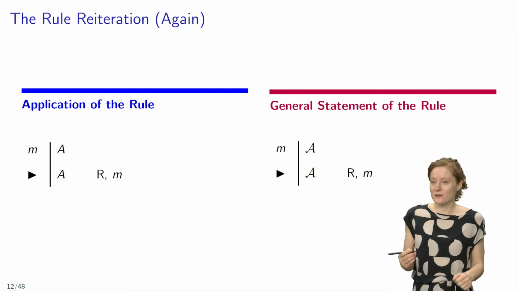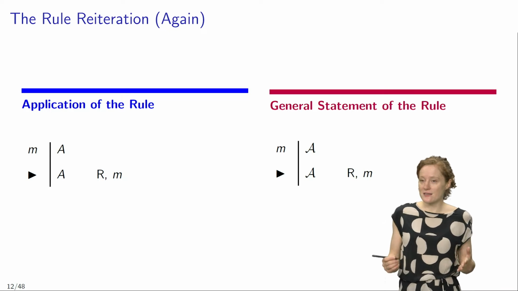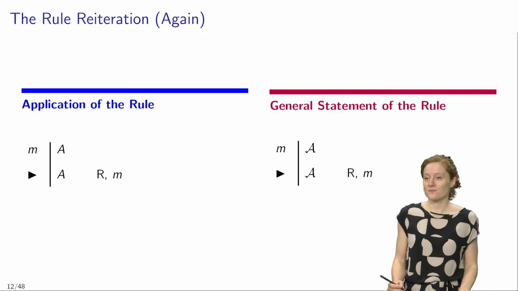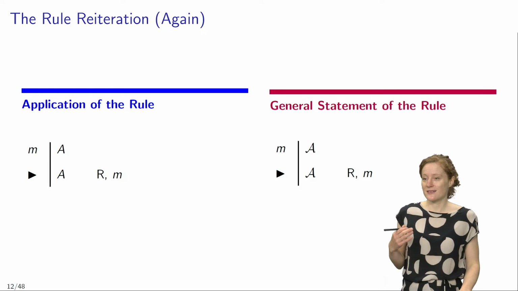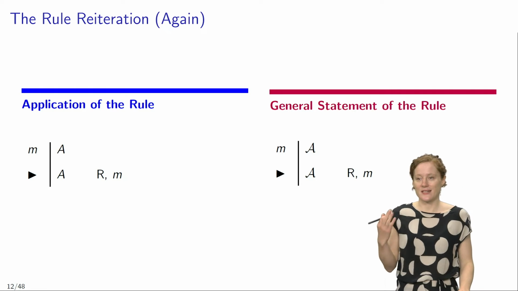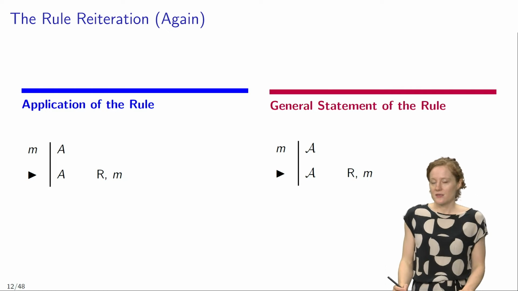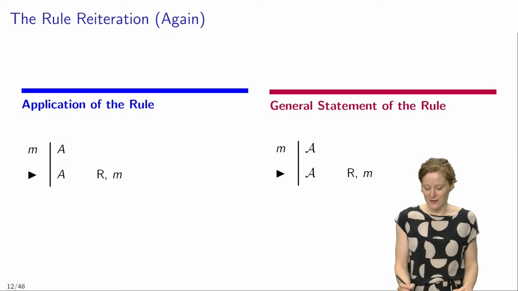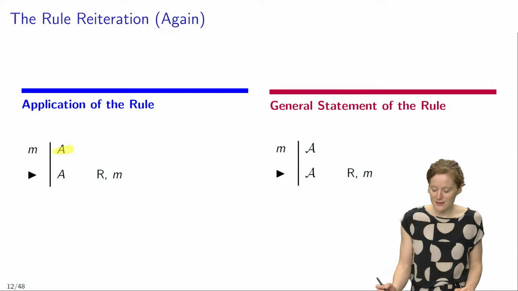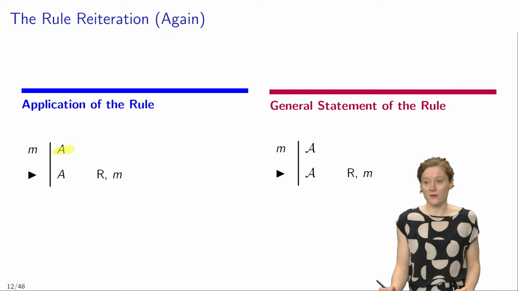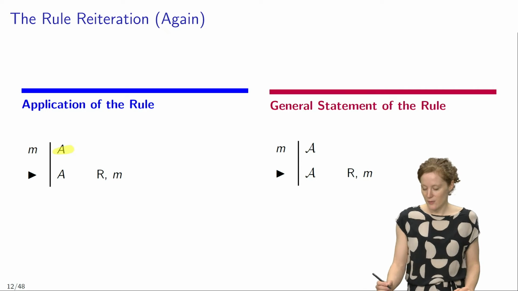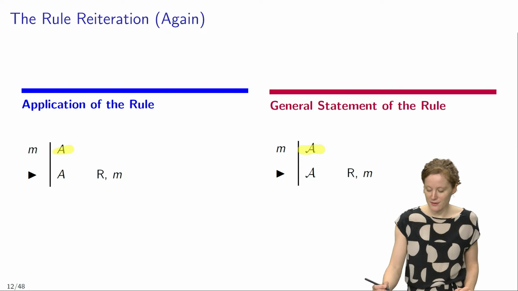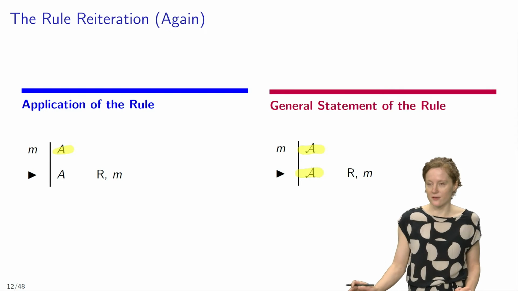What it tells you is that whenever you have a sentence of the form A, you can reiterate a sentence of that form at a later point in your proof. So the rule does not specifically tell you anything about the sentence A. It rather tells you a general fact about all sentences whatsoever. Whenever you have a sentence of the form A, you can repeat this sentence later on.